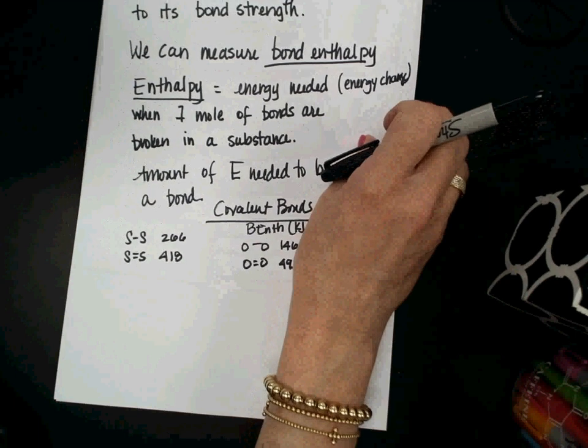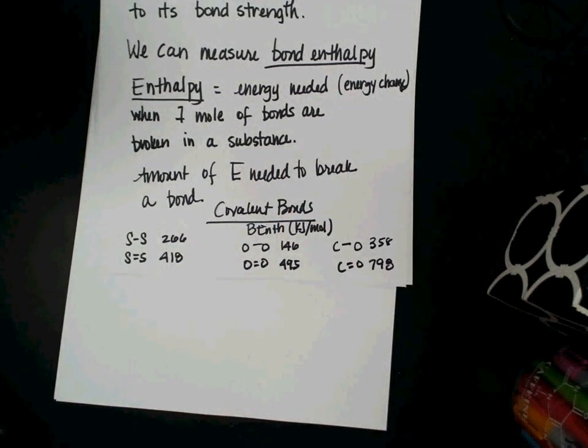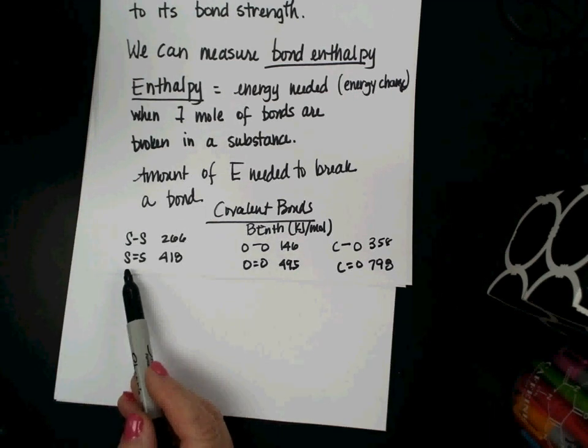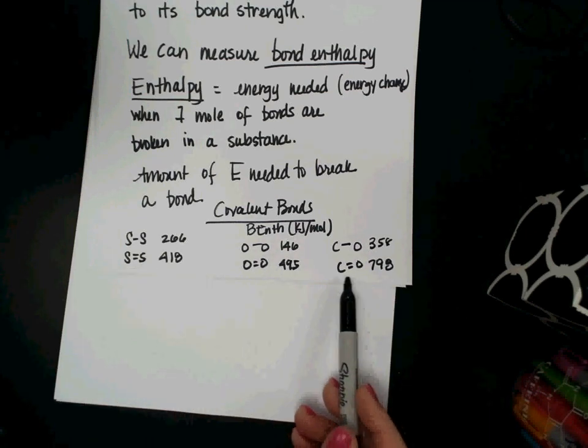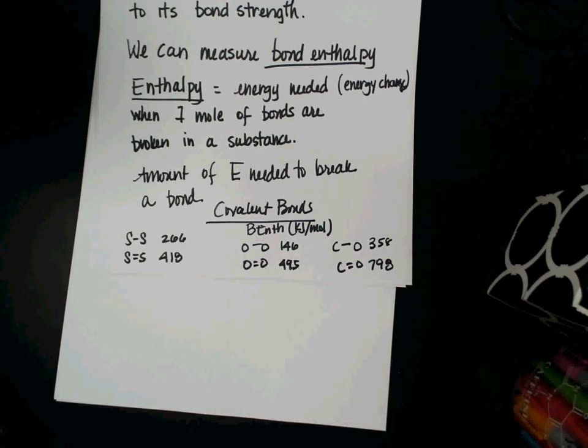Does that make sense? Can you see it? So as I add double bonds, my bond enthalpy goes up. It doesn't really matter if I'm talking about a diatomic molecule or an actual molecular compound where I have two different things.